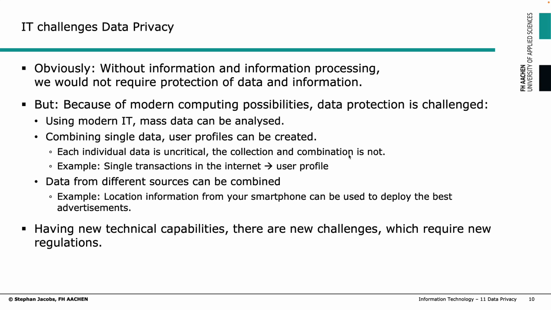If we still mostly used paper and pencil, we would not be able to handle or process a big amount of data. We would not be able to create profiles and so on. That's why, due to the development of IT, data privacy has become a more and more important issue.